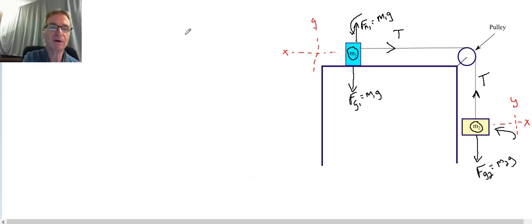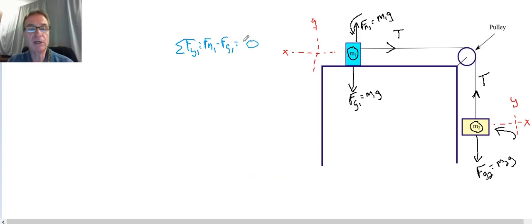If we write our equation for the y forces for block M1, it's just going to be Fn1 minus Fg1 equals 0 because there's no acceleration in the y direction, so we don't get any good information here. However, for block M2, what we are interested in is the y forces. So we're interested in the x forces for block 1 and the y forces for block 2. Those are the equations that we're going to be writing.